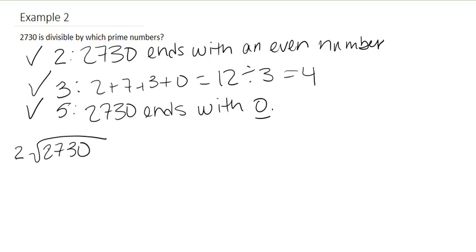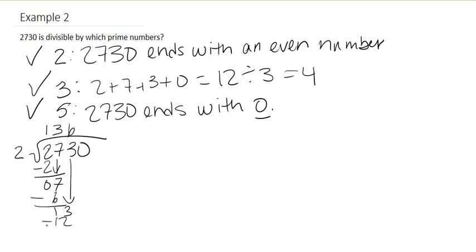So 2 can go into 2 one time. 2 times 1 is 2. We'll subtract, get 0. Bring down that 7. 2 goes into 7 3 times. So now 2 times 3 is 6, minus, so 7 minus 6 is 1. Now we bring down the 3. 2 goes into 13 6 times.